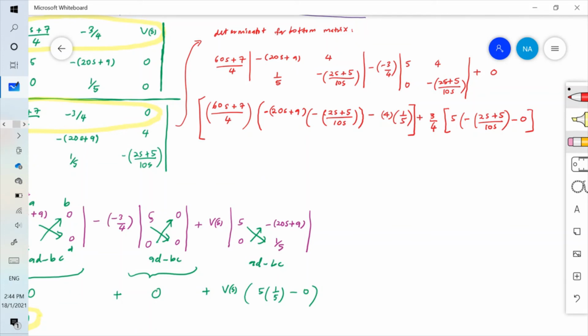So eventually you will get an answer. Once you have multiplied those in brackets, you will get this answer as the determinant for your bottom matrix: 60 s cubed plus 172 s squared plus 86 s plus 6 divided by s.